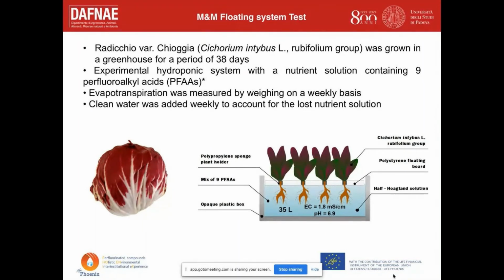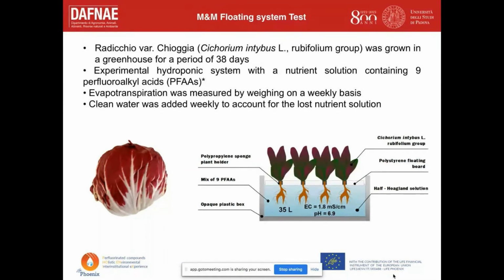We have used an experimental hydroponic system with a fixed nutrient solution, spiked with 9 different kinds of PFAS, and we measured the evapotranspiration of the plants.